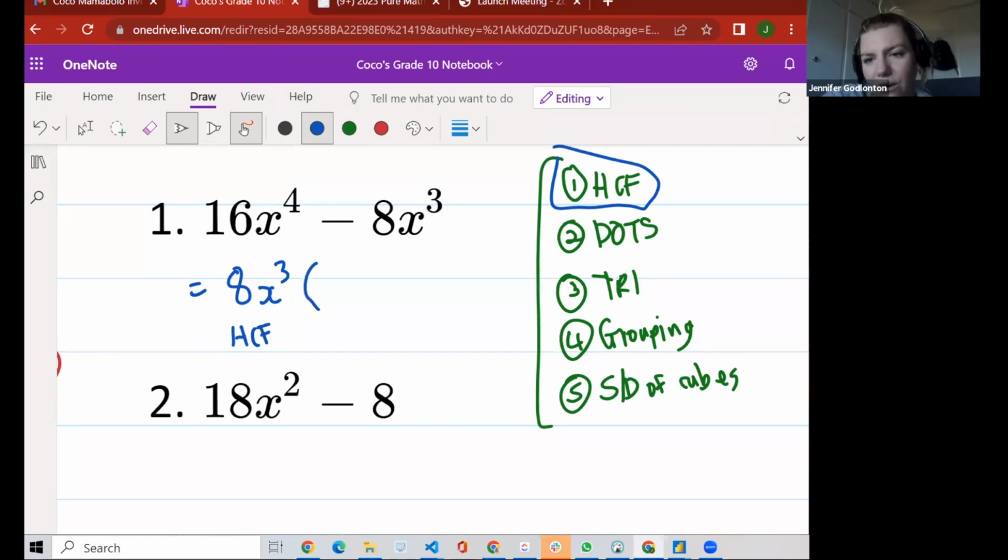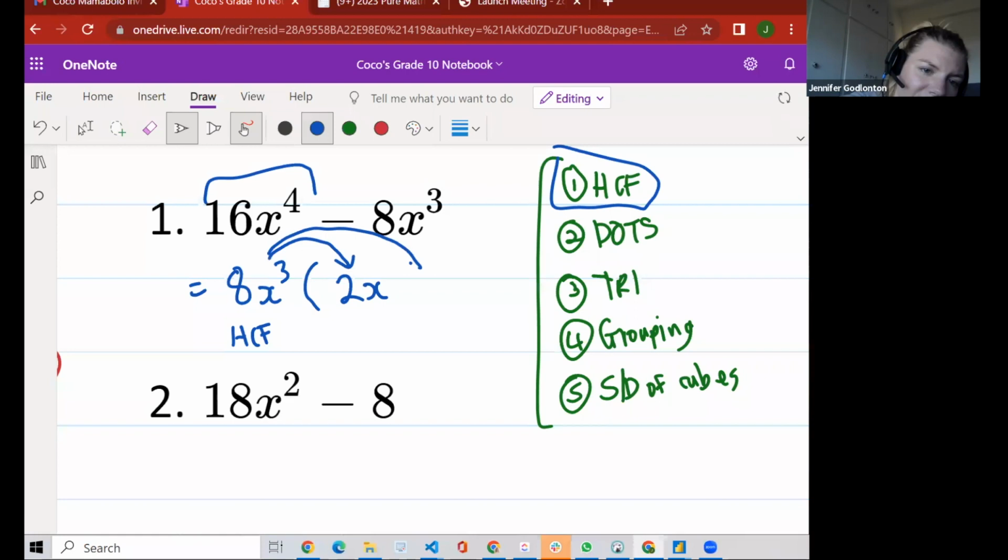Then we just need to work out what's going to go inside these brackets. When I multiply these 2 terms together, I need to get 16x to the power of 4. So that's going to need to be 2x, because 8 times 2 will give me 16, and x cubed times x will give me x to the power of 4. Now I have to think what's going to go here. I can see it's going to be a negative.